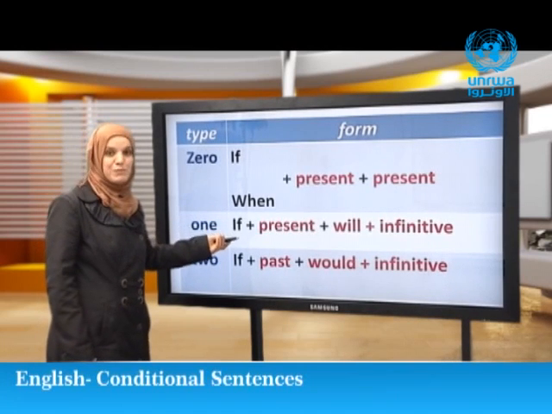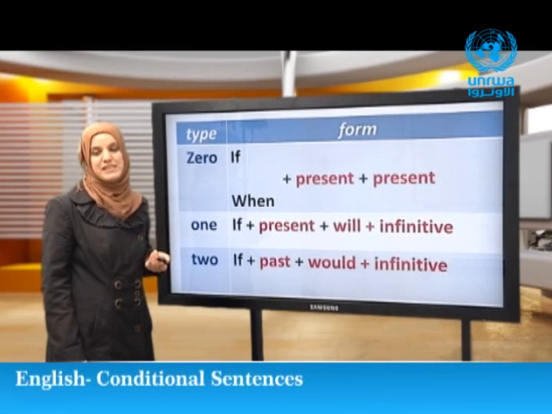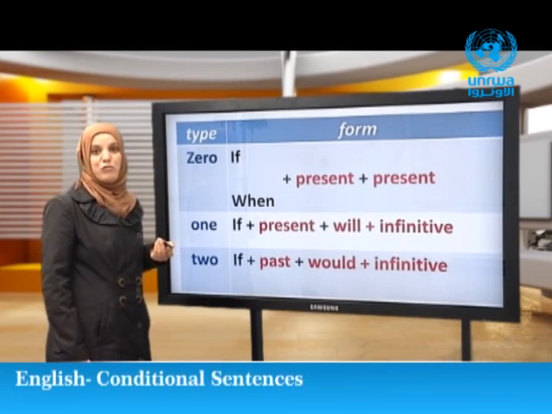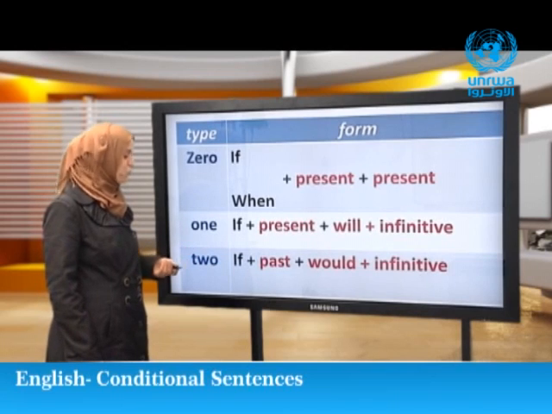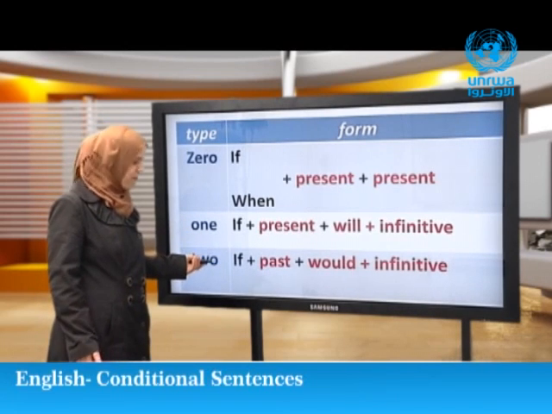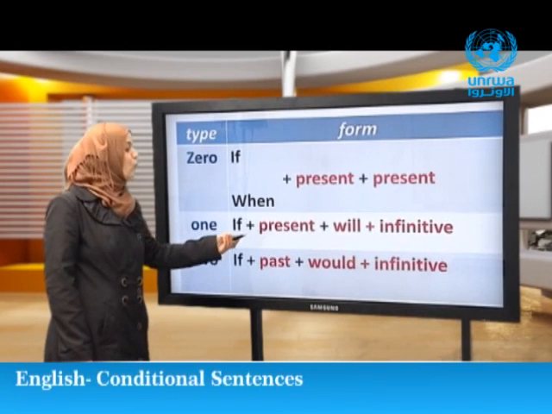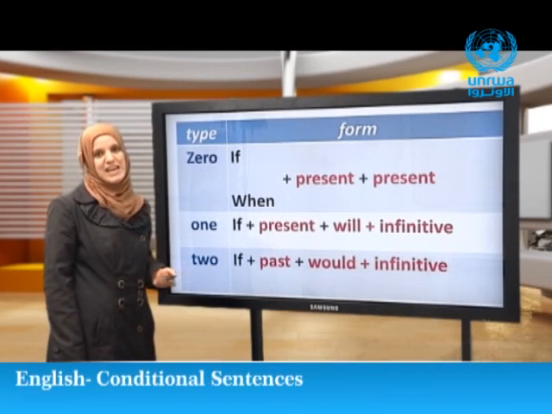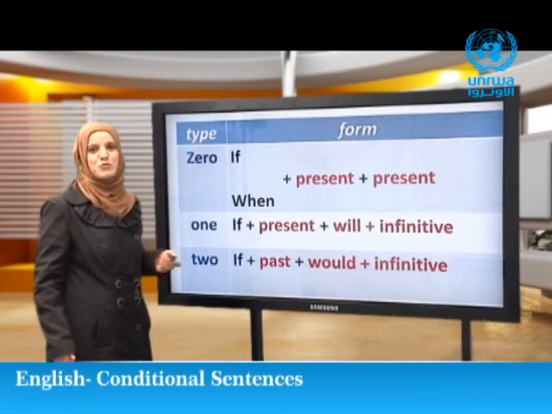For the last type of conditional sentences, type 2, we use if, only if, past simple, would plus infinitive. Now it's time to practice.